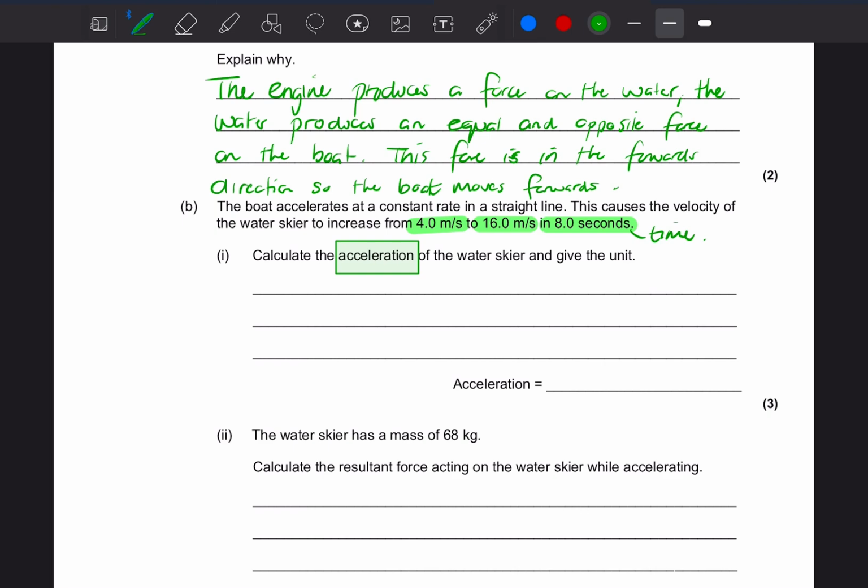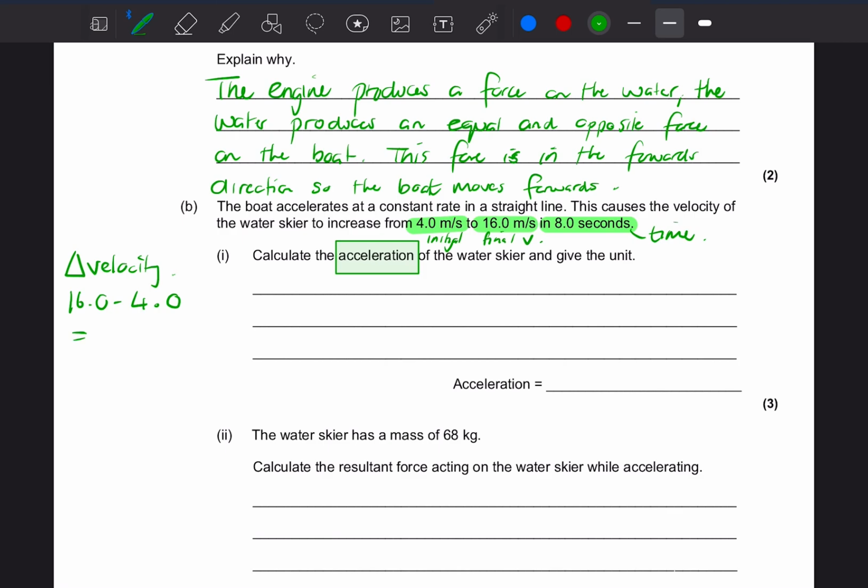And then we've got a change in velocity. So we've got an initial velocity, initial V, and a final V here. So you've got a change in velocity. Remember, we used this symbol here. It means delta, change. So our change in velocity is 16.0 minus 4.0.